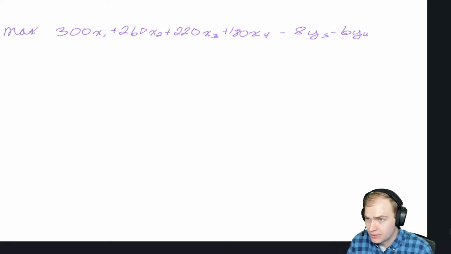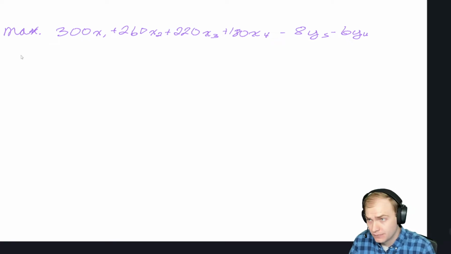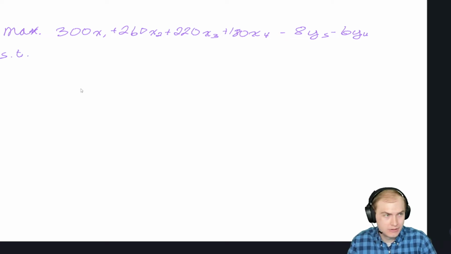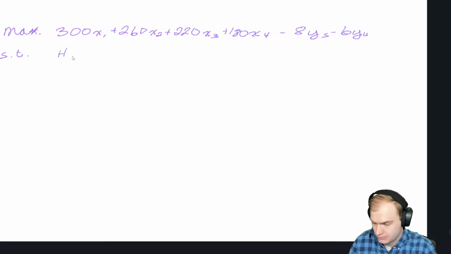We're going to write our objective function first. So we want to maximize this function subject to our constraints. So we're going to write our constraints out here.